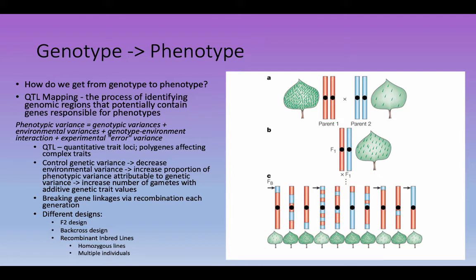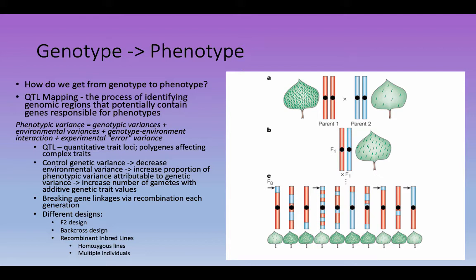We then cross those parents and we end up with our F1s, and then we continue to do crosses of those F1s with each other, crossing the next generation with each other, until we end up with individuals that have mosaics.